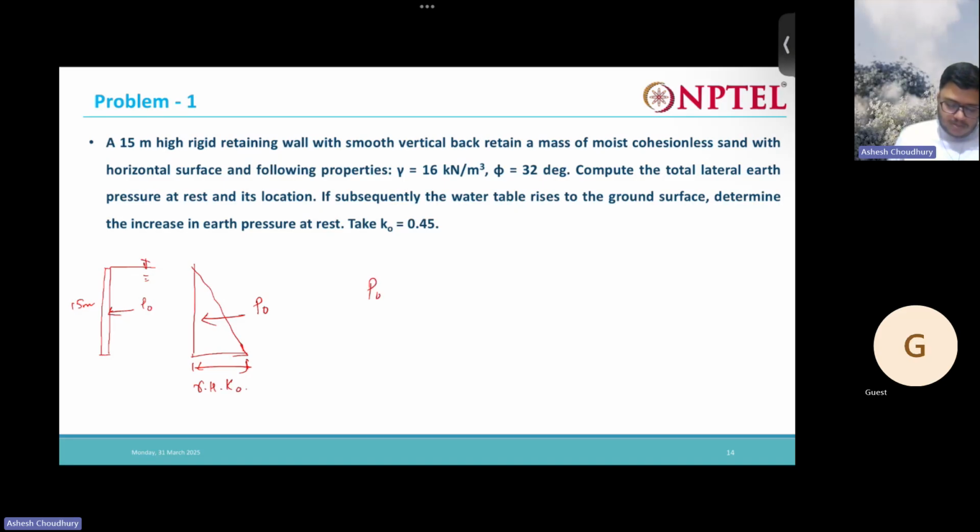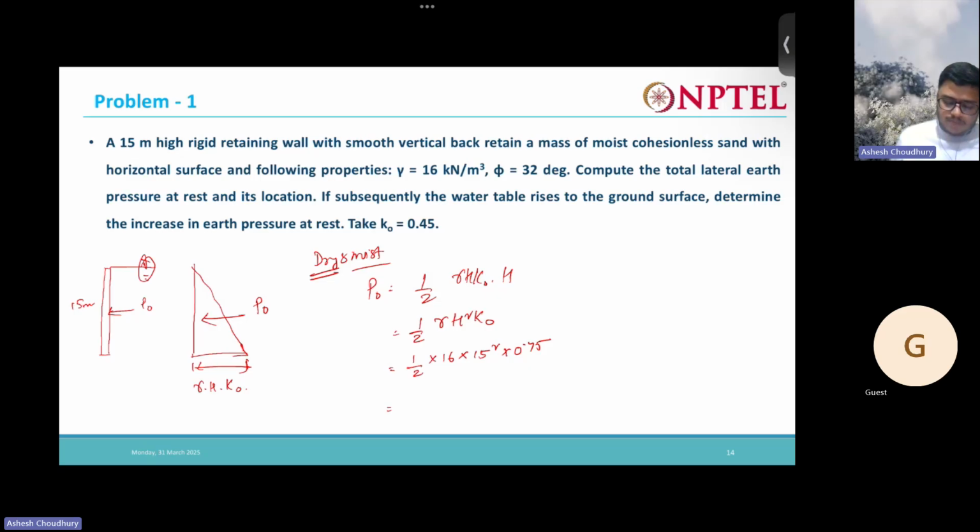So if we want to find P naught, it is nothing but half gamma H K naught times H. This is first for the dry condition. So the backfill is dry or moist, not submerged. This is the condition.